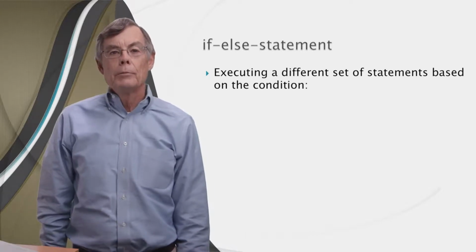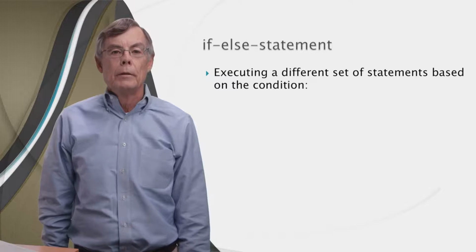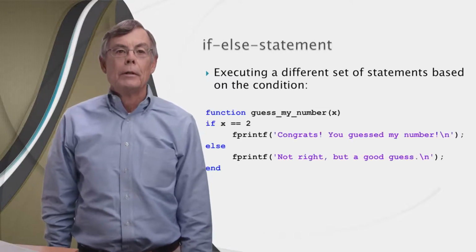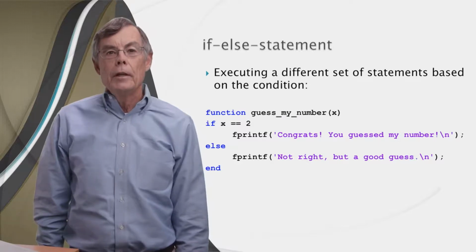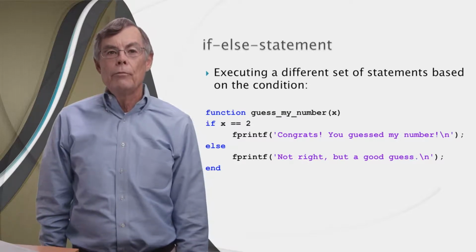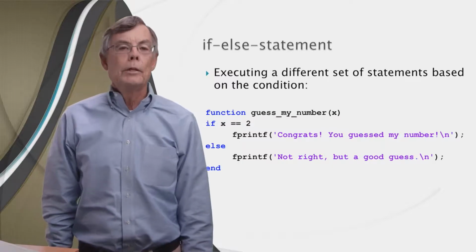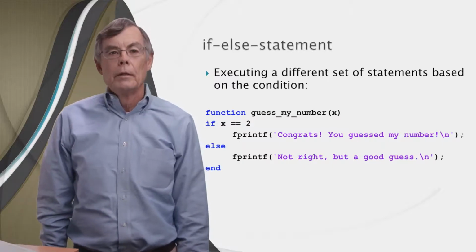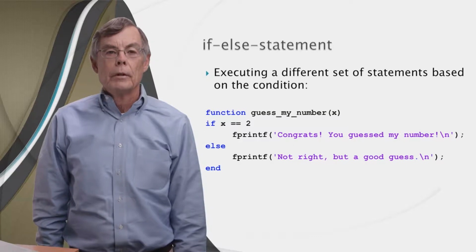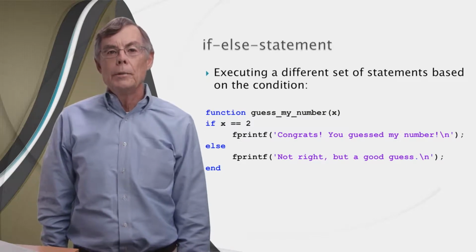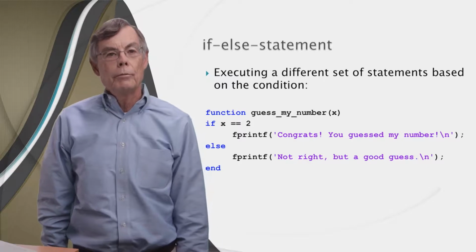Let's improve our guess my number function just a tiny bit by trying to cheer up the poor user who picks the wrong number. Both the function and the if statement start out the same way as before. But after the first fprintf statement, we see a new keyword, else. This else has two roles. First, it signifies the end of the block of code that needs to be executed when the condition is true.